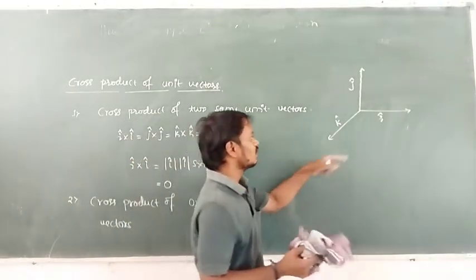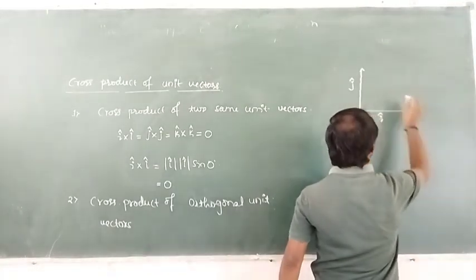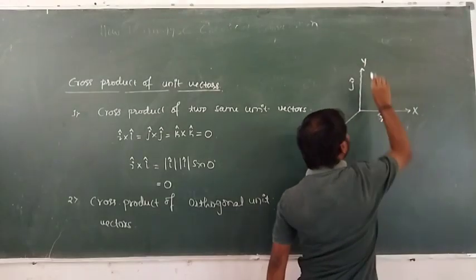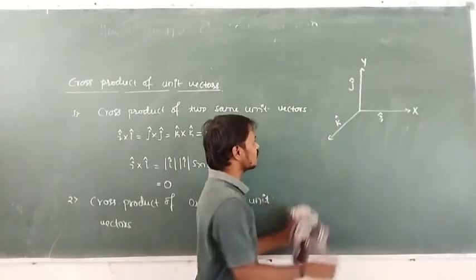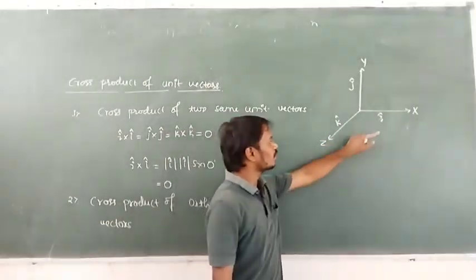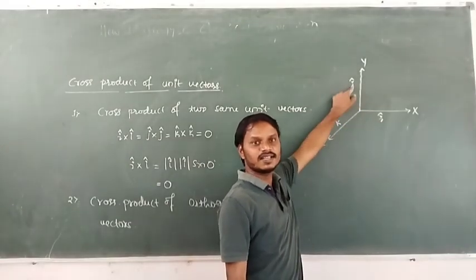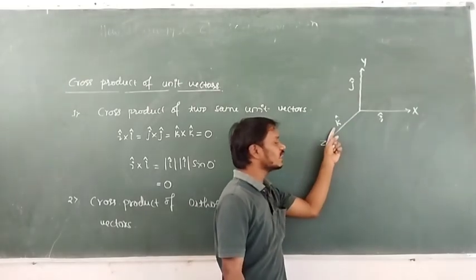So I is the unit vector taken along the x-axis, and j is the unit vector taken along the y-axis, and k is the unit vector taken along the z-axis. Now we have to take the cross product of I and j. The cross product of I and j, that gives the vector k.